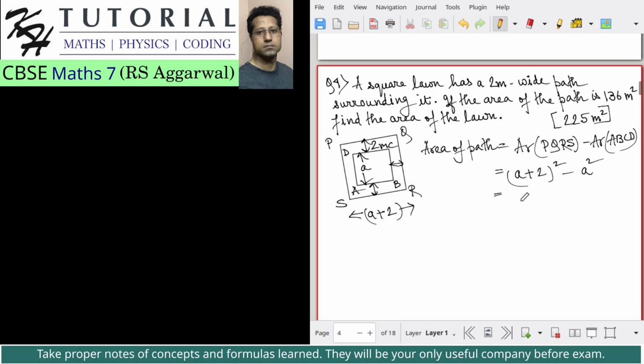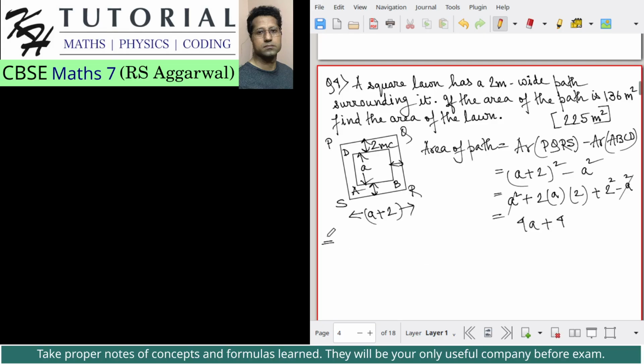Expanding A plus 2 whole square using the algebraic identity of A plus B whole square, this will be A square plus 2 into A into 2 plus 2 square, and I have minus A square. A square will cancel out and we will have 4A plus 4.